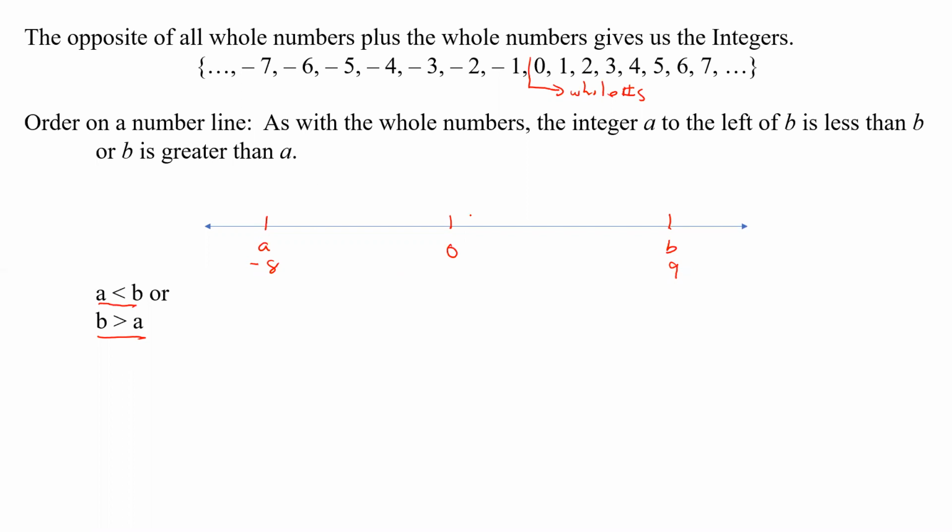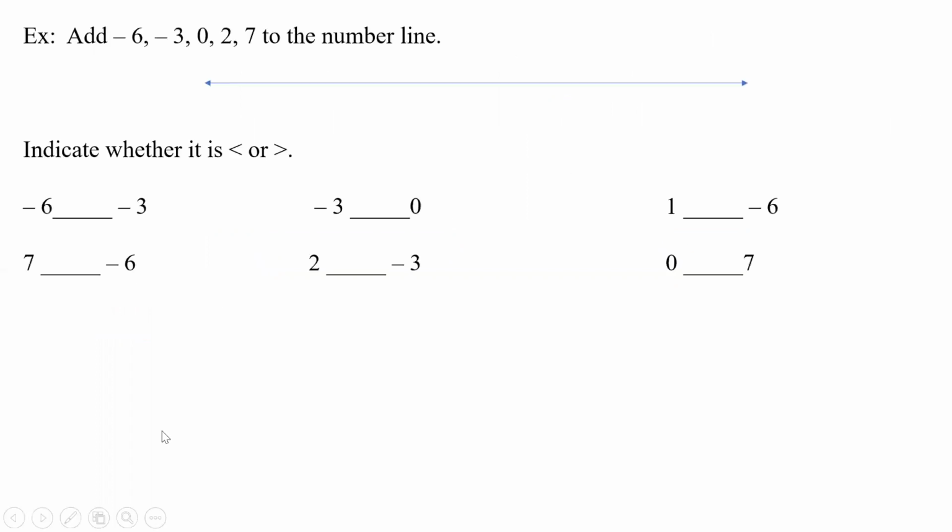And so on a number line, every time you have something to the left of something else, the one on the left is smaller than the one on the right. Or we can say the one on the right is greater than the one on the left. So now what it wants us to do is add these numbers to the number line. Let's start by finding our 0, and then we can go 1, 2, 3, 4, 5, 6, 7, and that's as far as I need to go to positive.